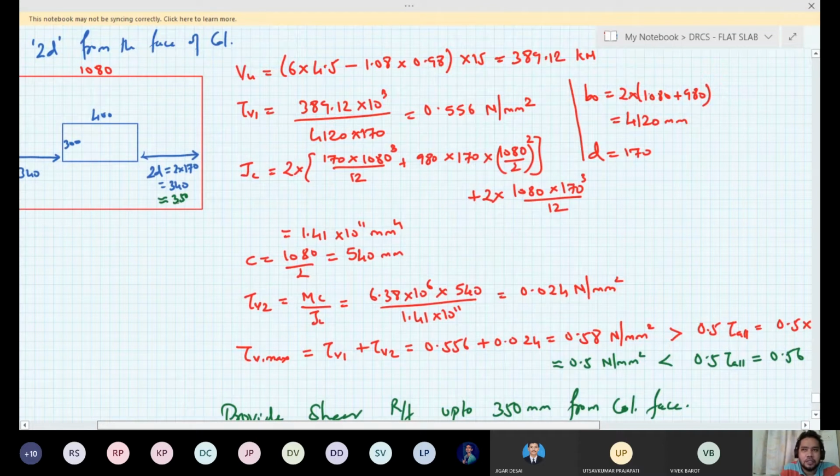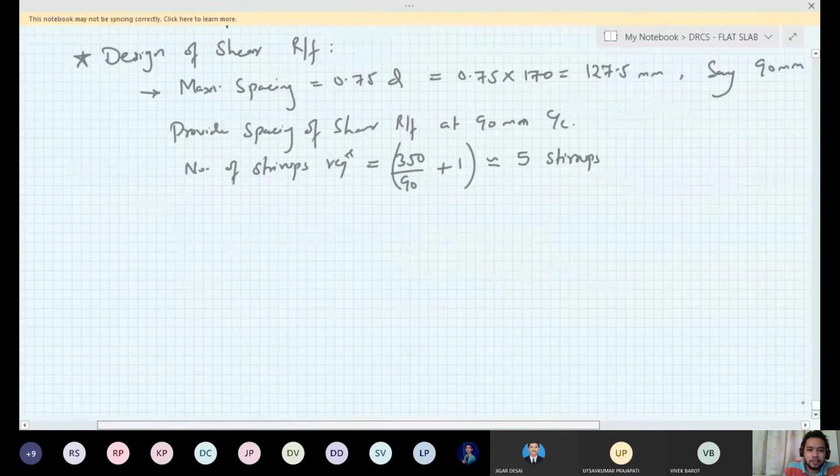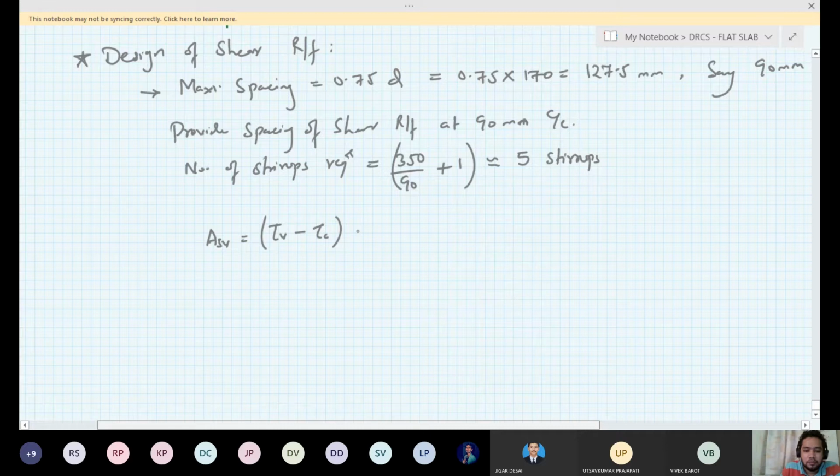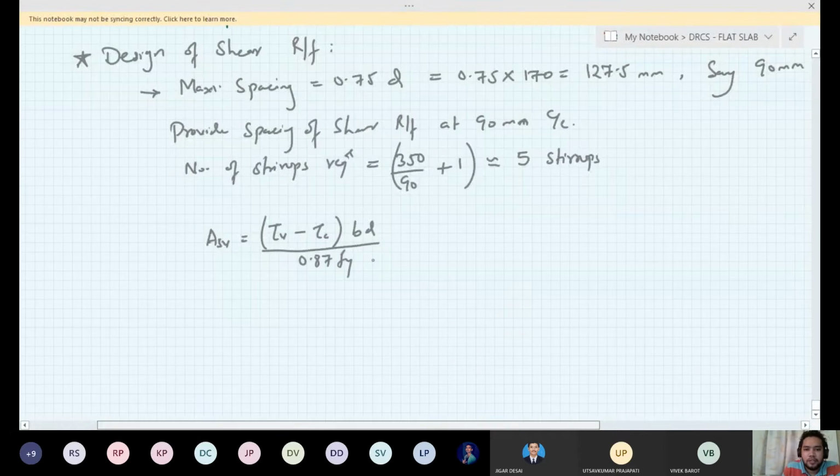But now what is the diameter and how many legs of these stirrups, that we have to calculate. So for that you have to use the formula Asv is equal to (tau v minus tau c) times b into d, divided by 0.87 fy into (sv by d).